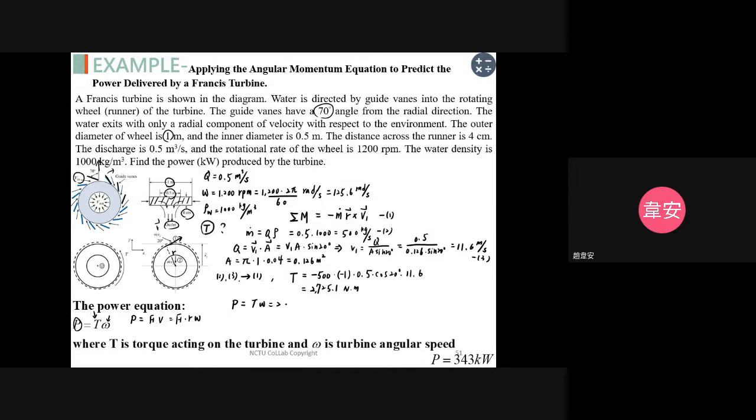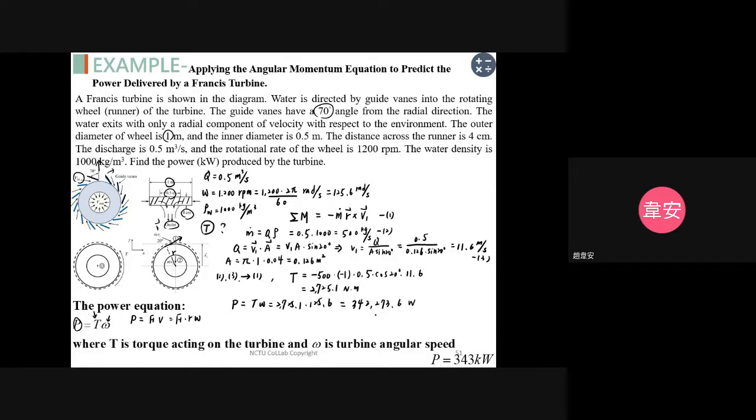So 2725.1 multiplied by omega, which in here is 125.6. So the answer is equal to 34273.6 watts.